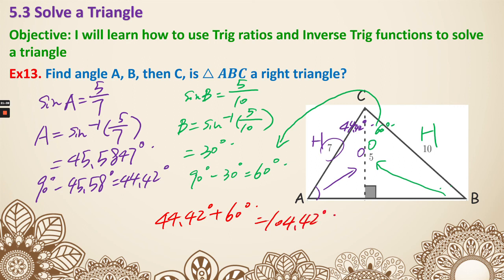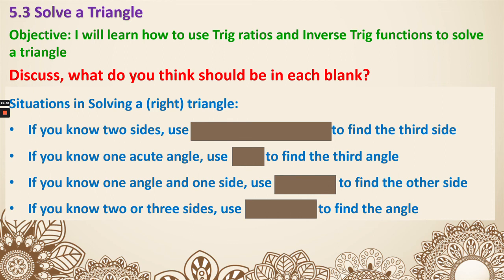That is clearly not a right triangle, so not a right triangle. That's example 13. Now, after we have done everything in this lesson, we may have some conclusions that could help us. So here comes the next part.